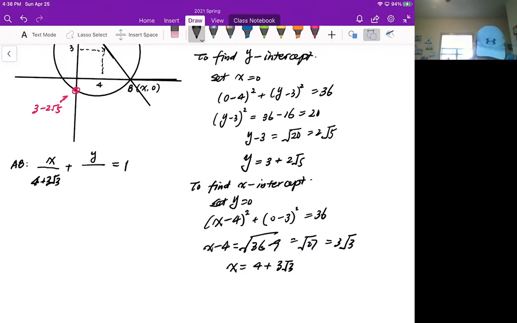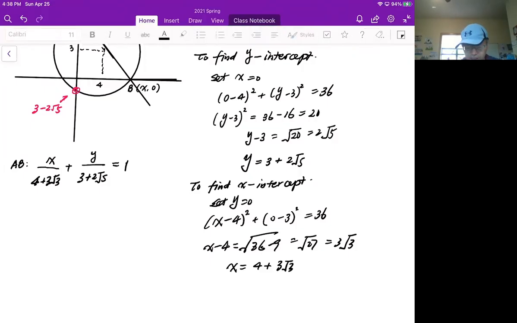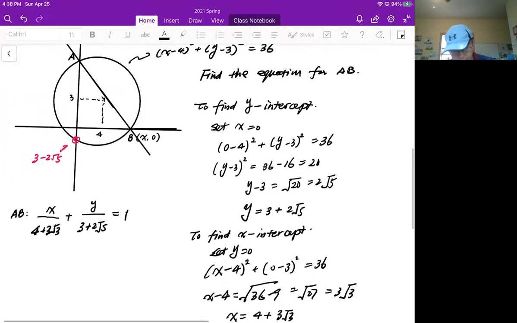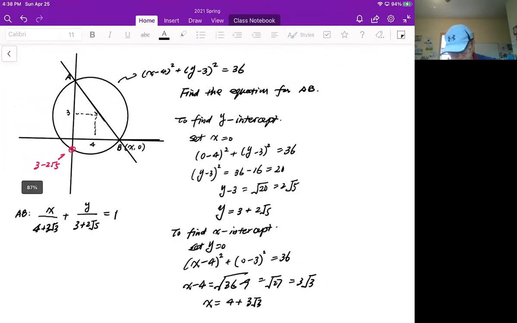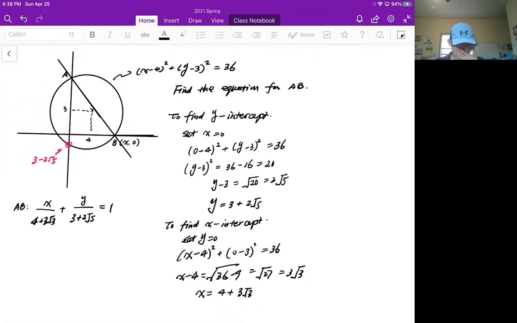And the y-intercept is 3 plus 2 root of 5. So this is the equation. I want to give everyone some time. It's not hard, just a little bit tedious. Everyone's good? Okay.